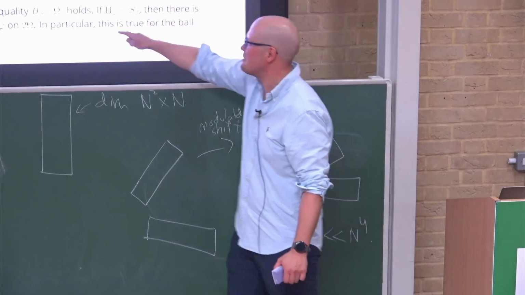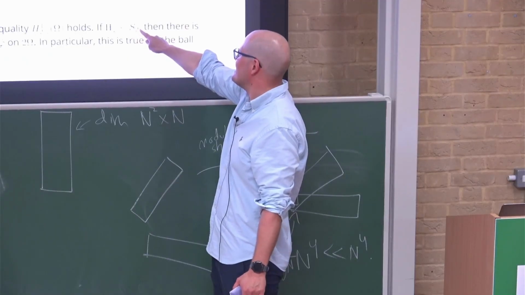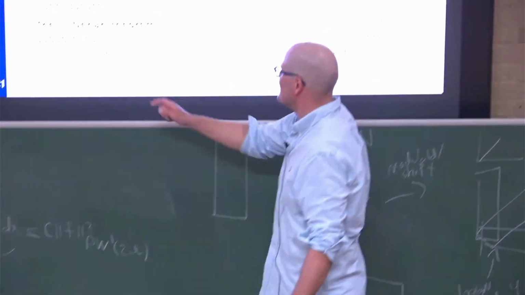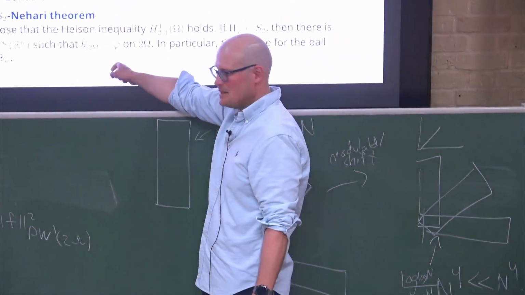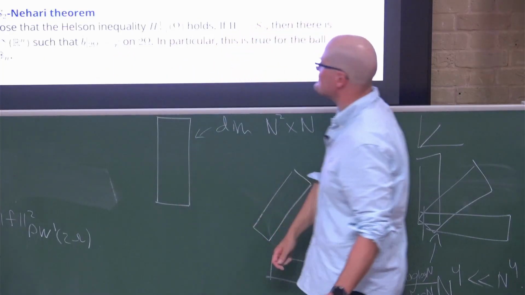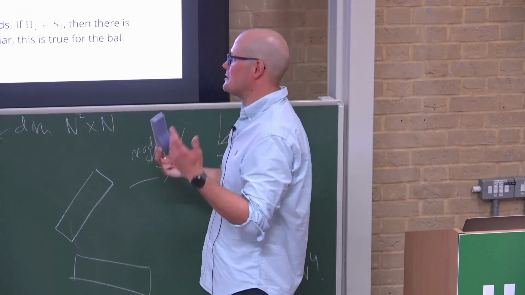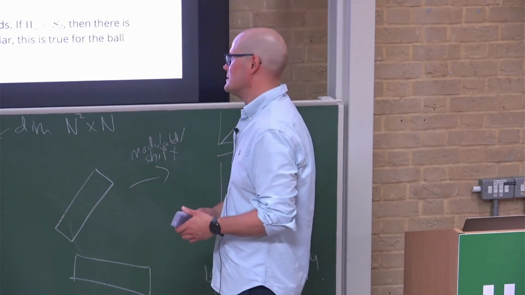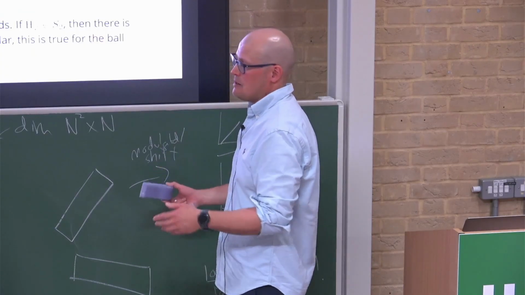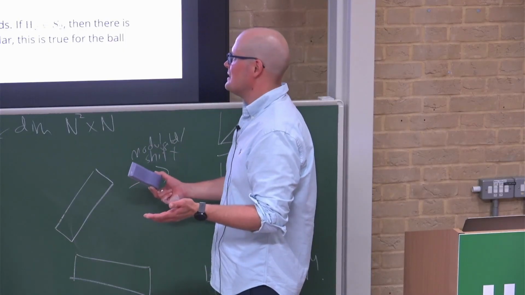Assume we have the Helson inequality: if an operator is Hilbert-Schmidt, then there is a bounded symbol whose Fourier transform must coincide with the symbol for the Hankel. And in particular, this is true on the ball. So I would say that any Hilbert-Schmidt Hankel operator for the Paley Wiener space of the ball has a bounded symbol.